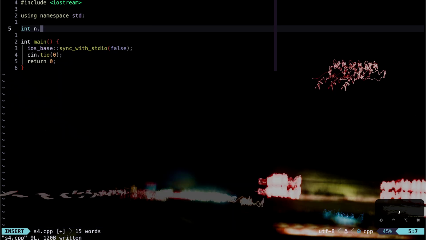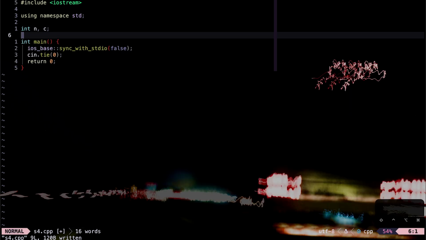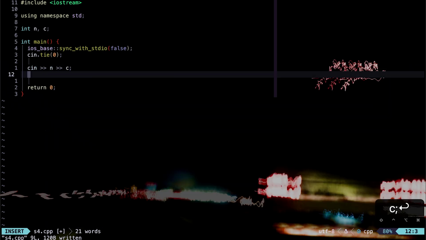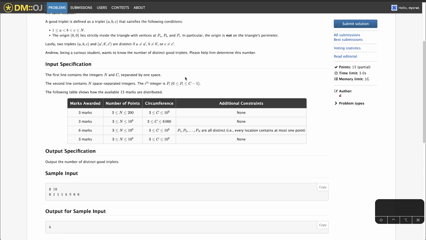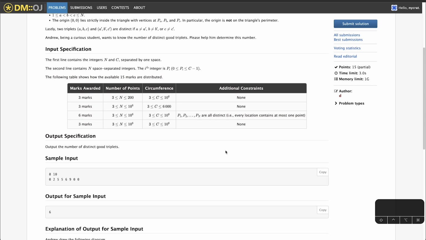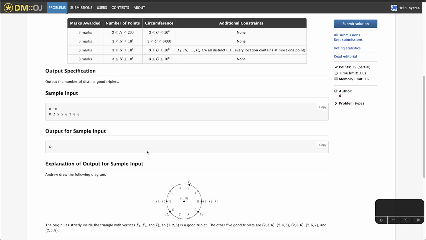So n is the number of points, and c is the circumference. And we have to output an answer.